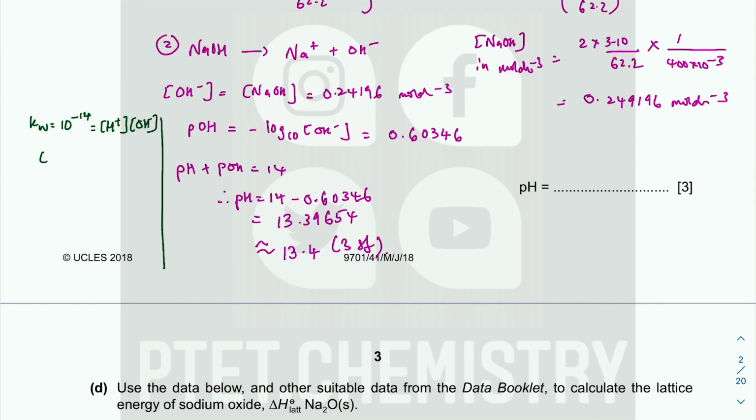So if you know your OH minus concentration, you can work out your H plus concentration, which is Kw divided by 0.24196, and therefore you can work out pH is minus log 10 of H plus, and you will get the exact same answer. So this one comes from this relationship actually. So both of these methods are actually similar, except that some schools taught one way or the other because people don't know where this relationship comes from. If you take log 10 of both sides, you will get this relationship. Alright, so that's just 13.4 there. So moving on.